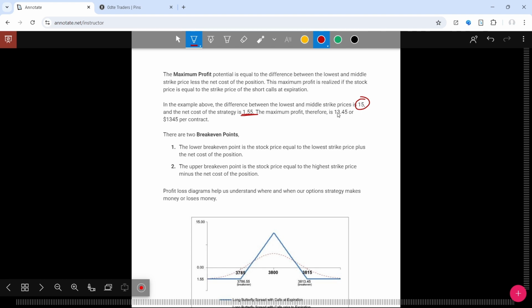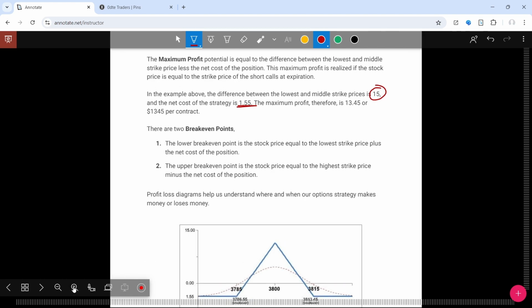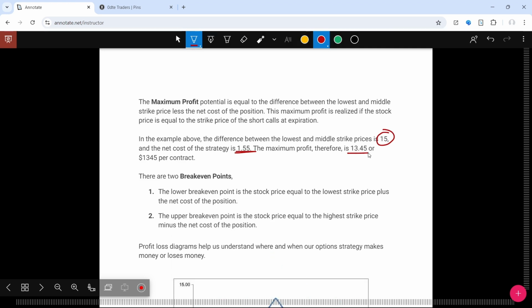Therefore, 13.45, times 100, so $1,345 is the maximum profit. So you can see it's a very attractive risk reward, but the probability of actually pinning a butterfly is relatively low. That win rate is a lot lower, as mentioned.